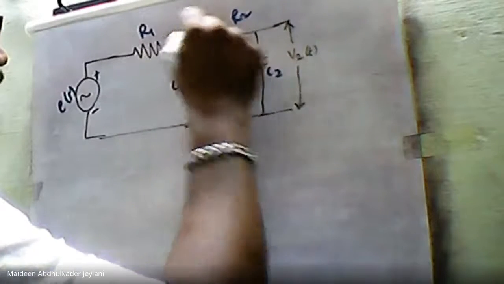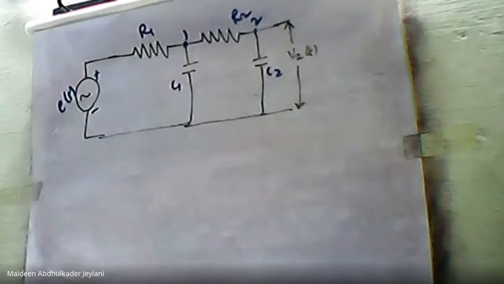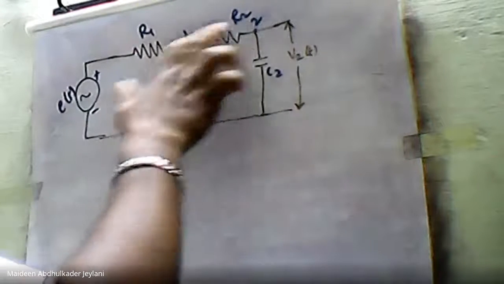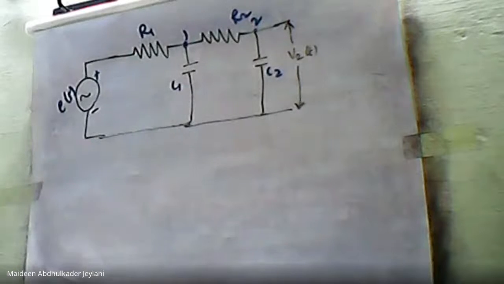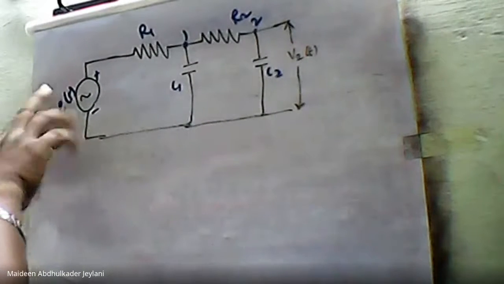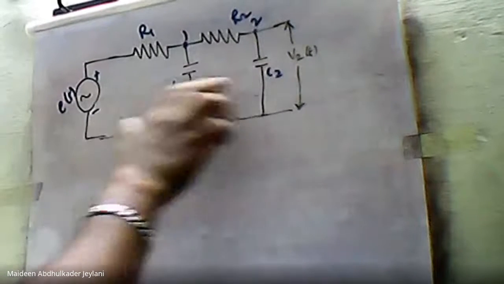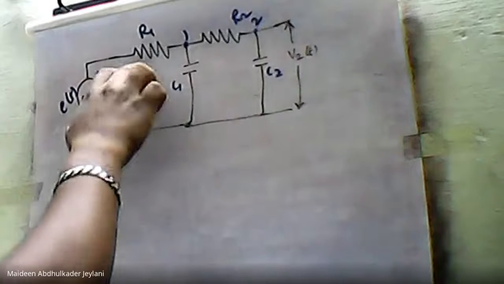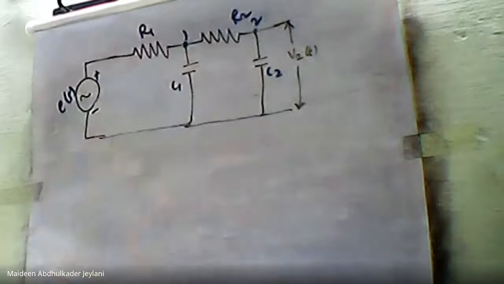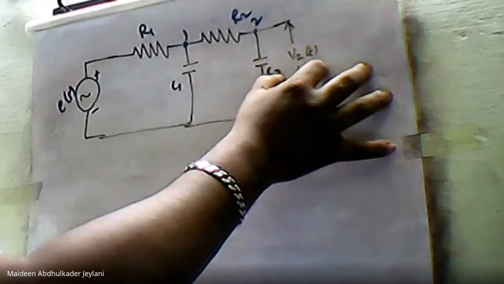This is my node 1 and this is my node 2. E of t is a voltage source, C1 and C2 are connected in parallel to the source, and R1 and R2 are connected at node 1 and node 2. So my output is V2 of t.